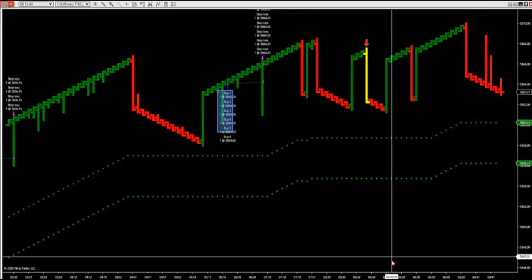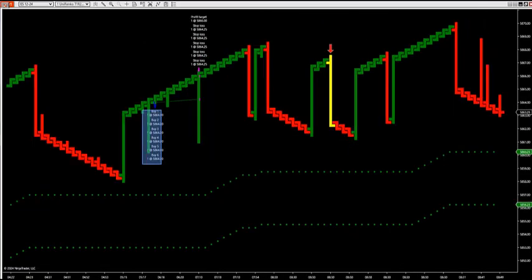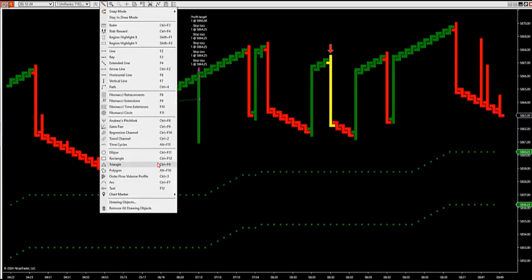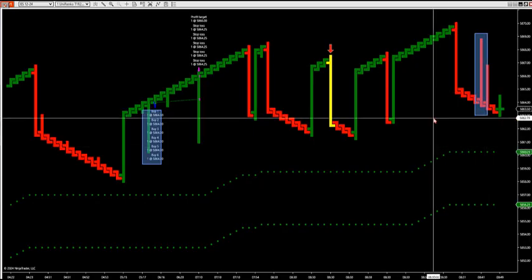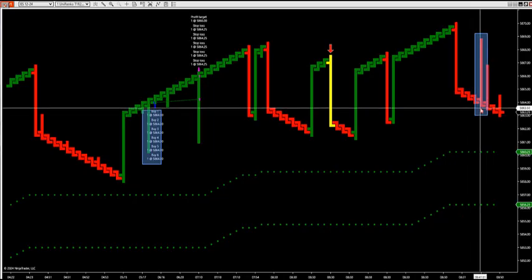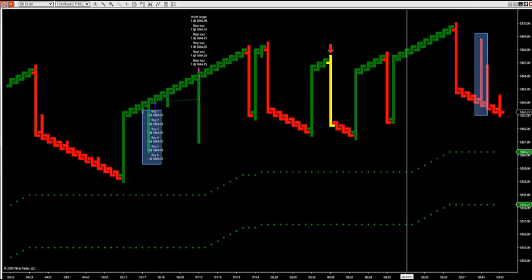Now here they did a deep pullback. Watch. This is a liquidity grab. They made a deep pullback, a distortion in price, right here. Now the algo would take it short if it was with trend, but the algo is not going to take it against trend with the trend filter built into it. But that is a liquidity grab.